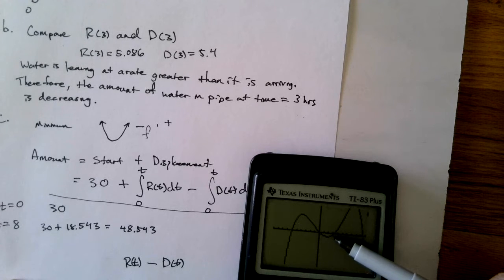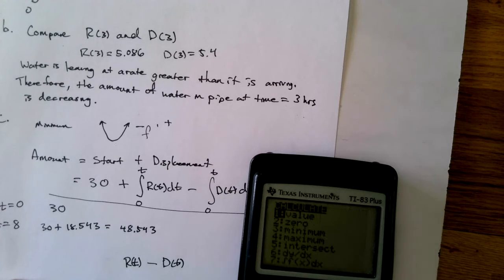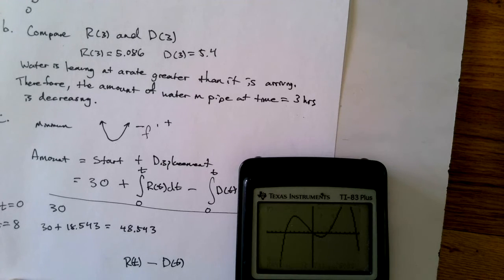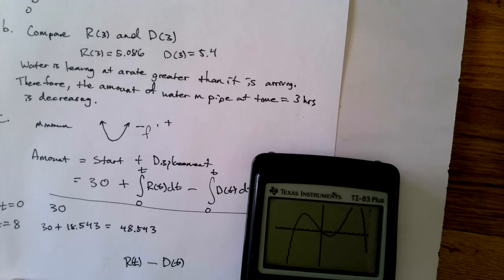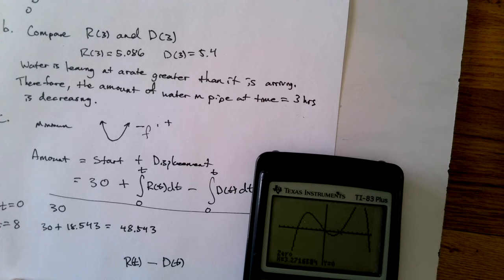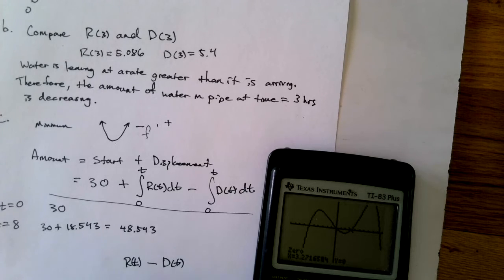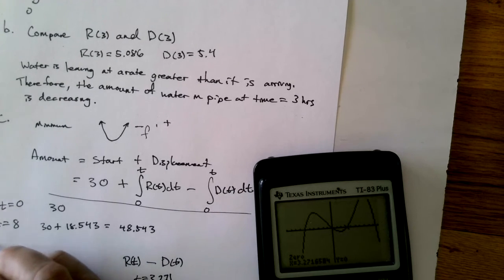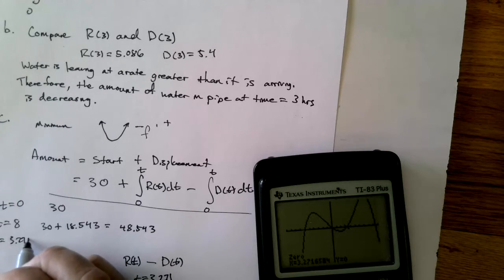So again, we said that a minimum occurs when the derivative goes from negative to positive. So I'm going to calculate a 0 to find where that happens. And if I calculate that 0, I go enter left, enter right, enter on guess, and I get 3.271. Time equals 3.271. So I've got to check time equals 3.271.